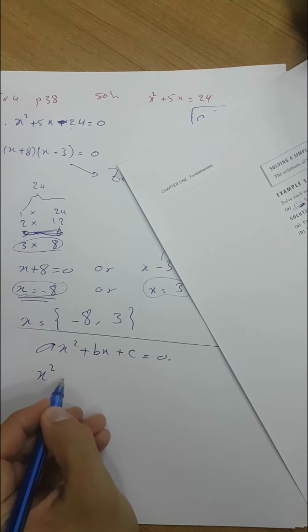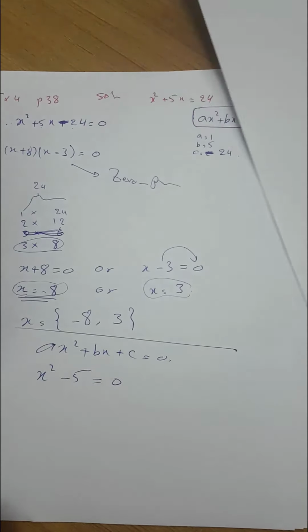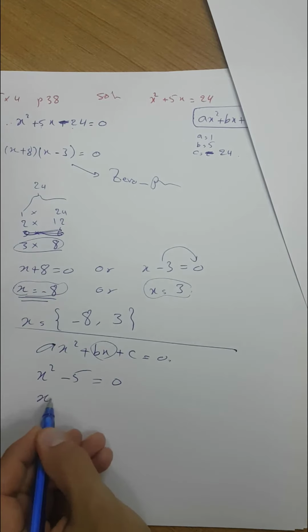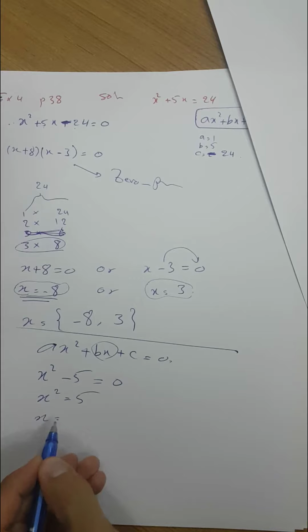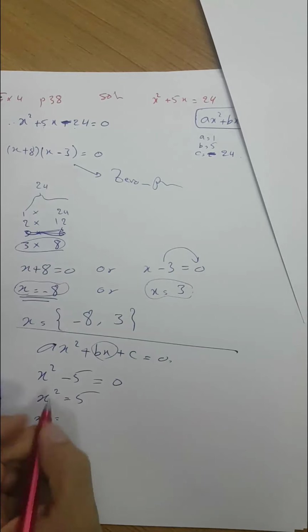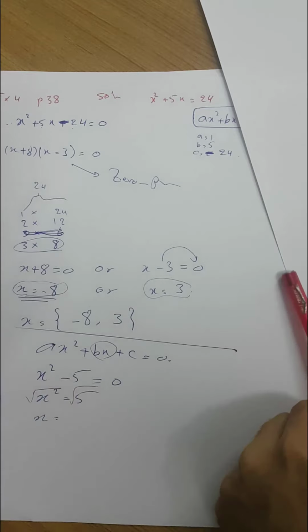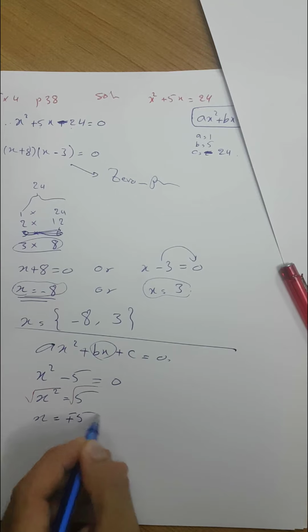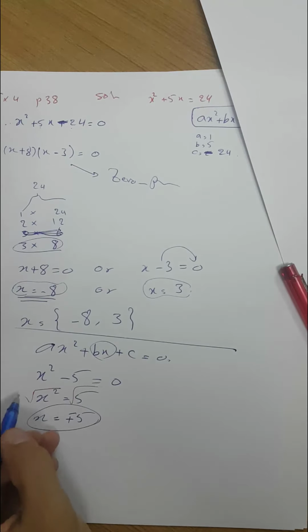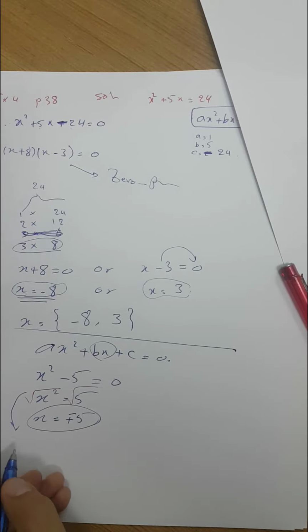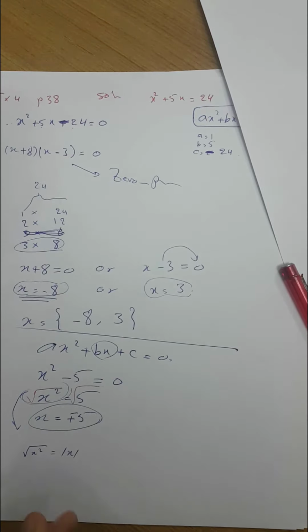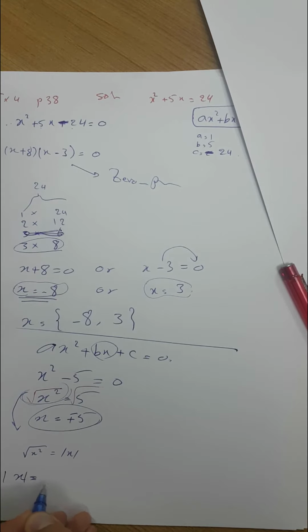But in case I have x squared minus 5 equal to 0, what can I do? Fortunately, the x term is absent, so I will take the square root of both sides, and in that case x is equal to minus plus square root of 5. Why minus plus? Let me make this more clear. We know the absolute value from the first chapter: the square root of x squared is equal to the absolute value of x. So the absolute value of x is equal to the square root of 5.